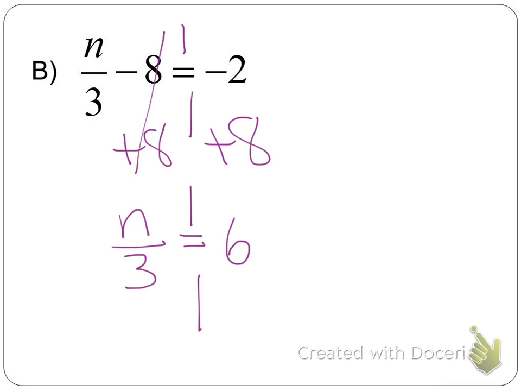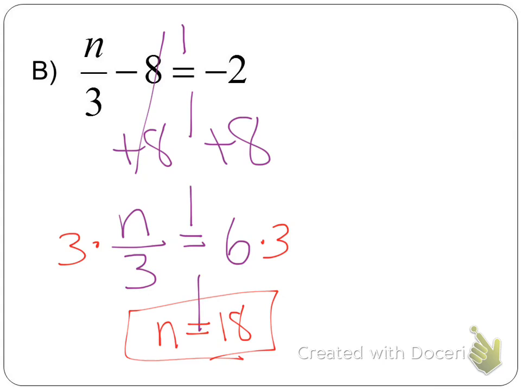Now I got to get rid of that dividing by 3, so what am I going to do? Multiply by 3. Good. I heard someone say the reciprocal. If you want to think of that as 1/3 and then flip it to get 3 over 1, you should still end up with n equals 18. Any questions?